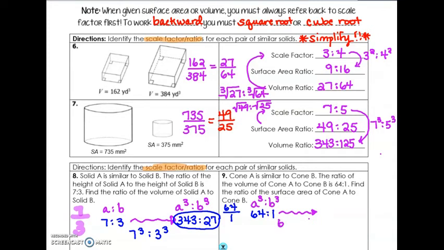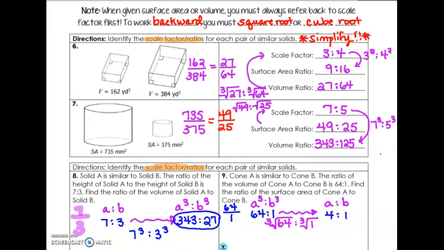So to work backwards, I undo that cubed. To get plain A and B, I have to take the cube root of 64 and the cube root of 1. So that's going to give me just plain A to B, my scale factor, which is going to be 4 to 1.